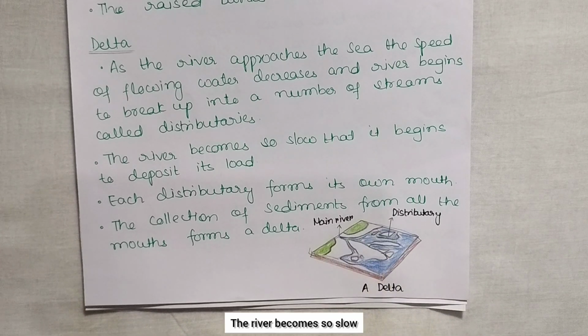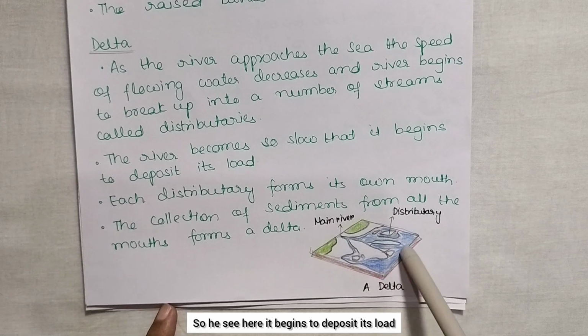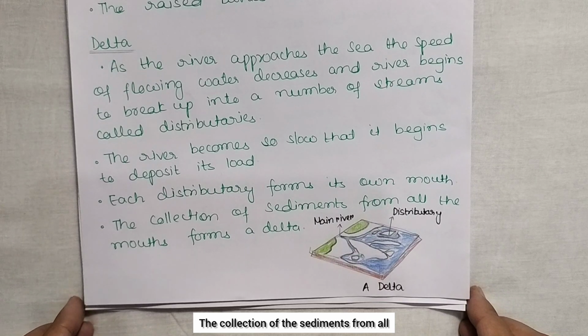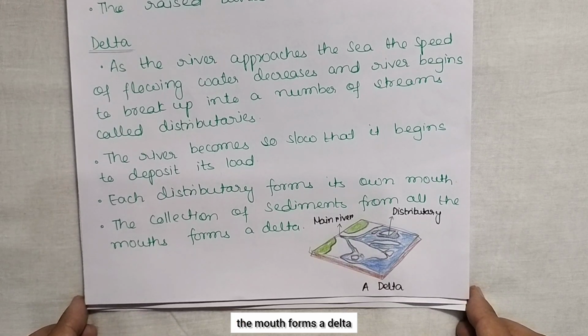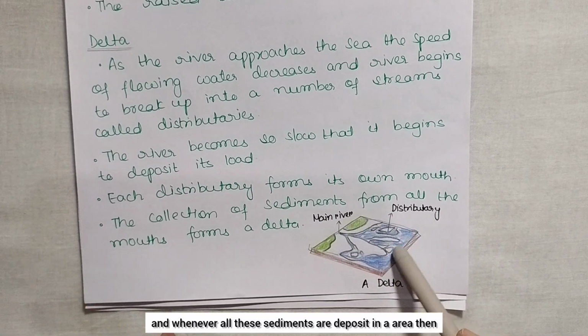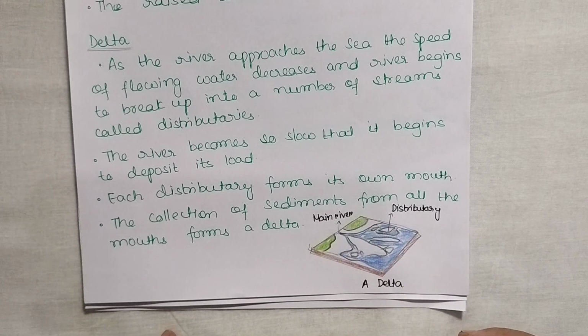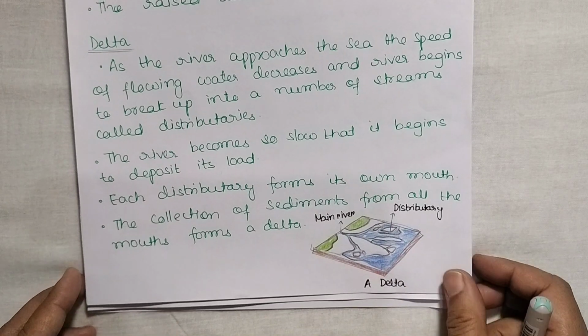The river becomes so slow that it begins to deposit its load. So you see here, it begins to deposit its load. The collection of the sediments from all the mouths forms a delta, and whenever all these sediments are deposited in an area, then that area is known as a delta. Okay.